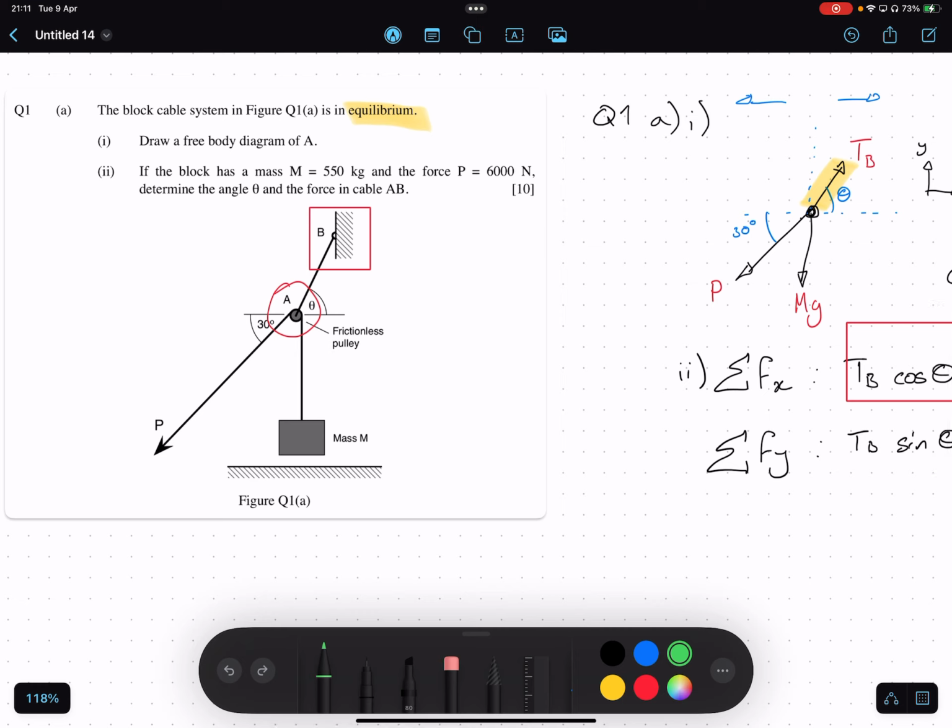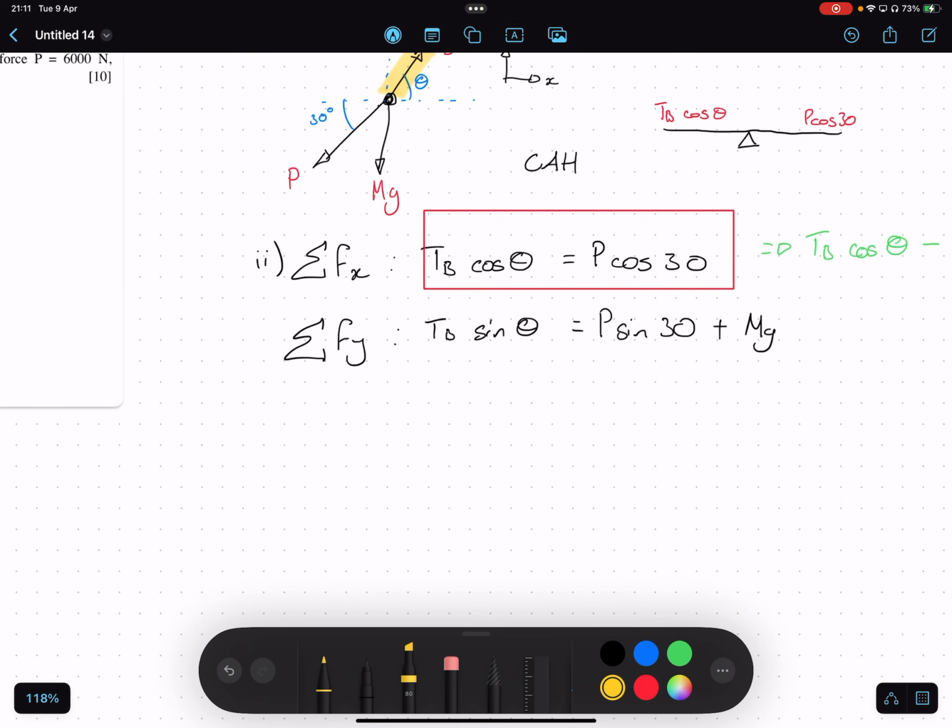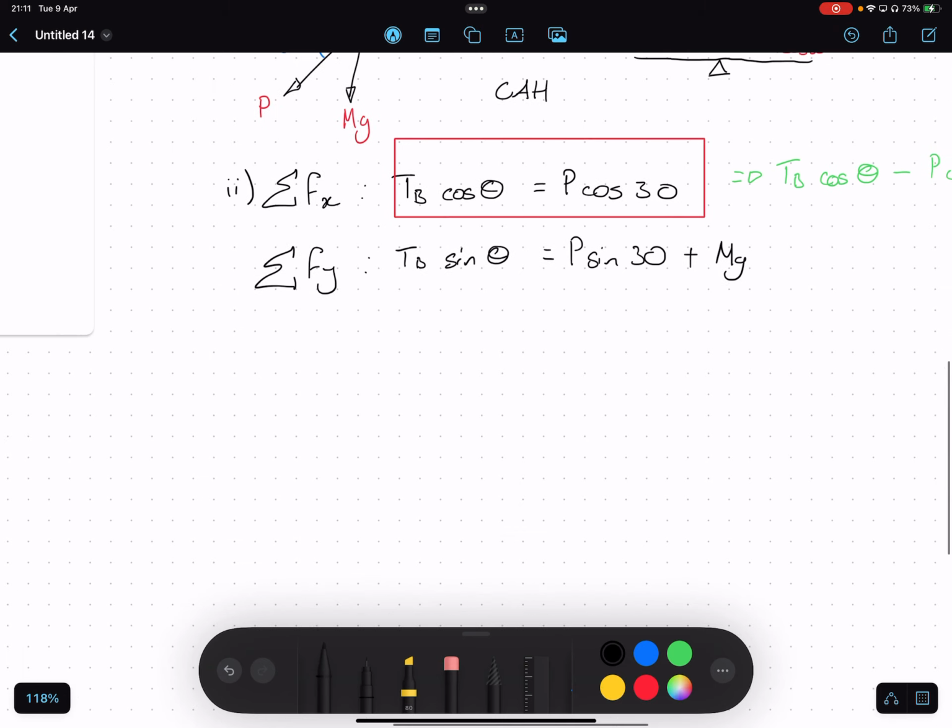Okay, so moving forward, let's just go to the question and reassess what we are being asked to find here. We're being asked to find the angle theta and the force in cable AB. So let's start with the easier of the two, and that's to find the angle. Hopefully we remember that tan theta is equal to sine theta divided by cos theta. And also note that we have TB sine theta and TB cos theta.